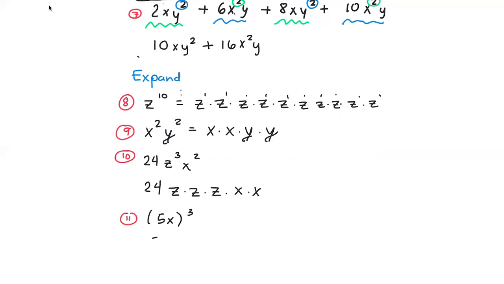So you are going to end up having 5x times 5x times 5x. So be very careful. If the power only affects the variable, the coefficient doesn't repeat. But if the power also affects the coefficient, then the coefficient also repeats.